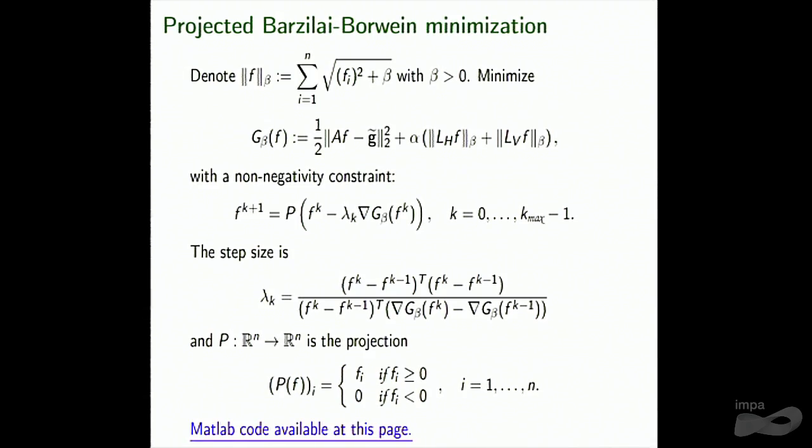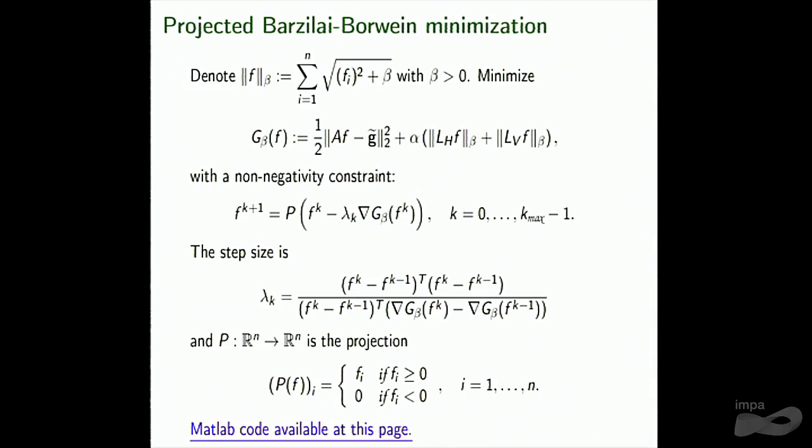What is nice about the Barzilai-Borwein method is that the memory requirement stays moderate, because all the objects we use have the size of f. So f is a vector, and we have the gradient of our function to be minimized, which also is a vector, the same size as f.